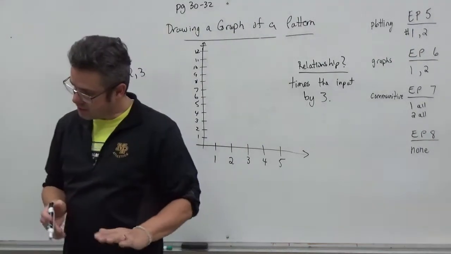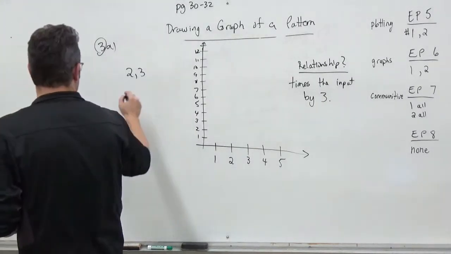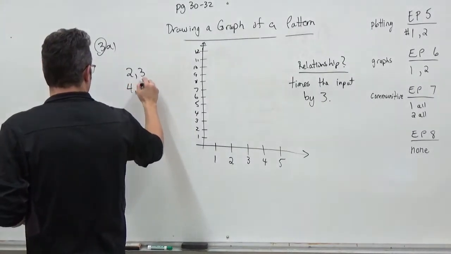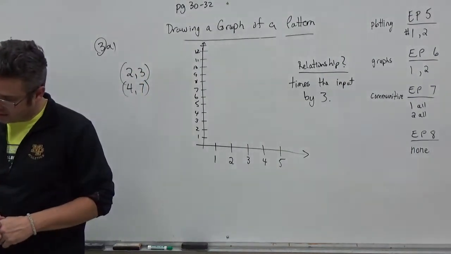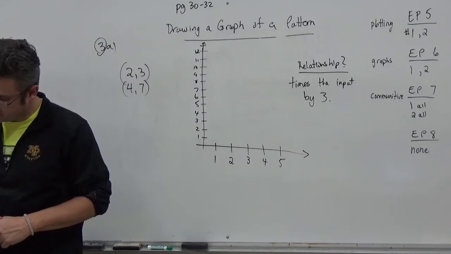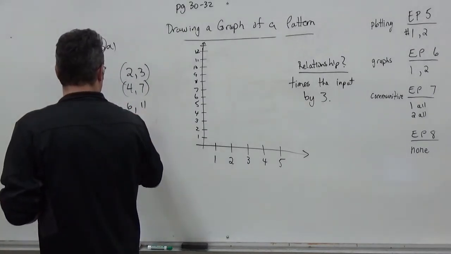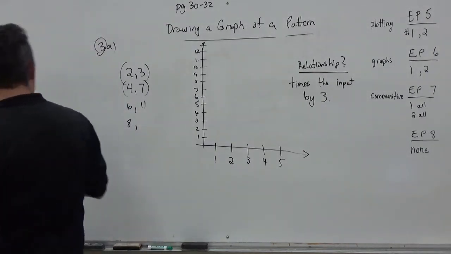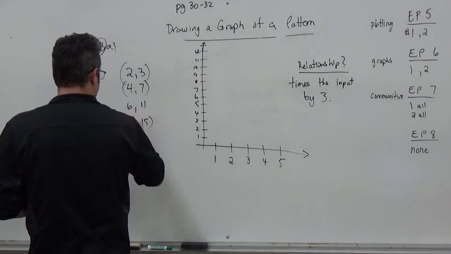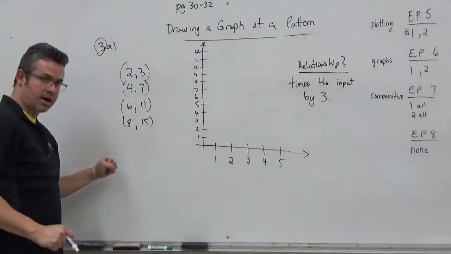The second one is over 4, up 7. Then it is over 6, up 11. And over 8 and up 15. So there's our coordinates that we pull off the graph.